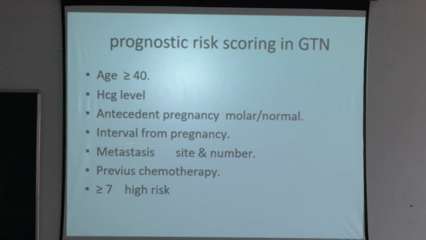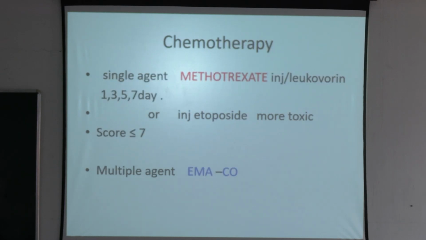Previous chemotherapy, if somebody was given chemotherapy for the beta hCG level, is a risk factor. High risk for GTN is a score of 7 or more. After scoring, if we find more than 7, that table will be there in the books. If the score is more than that, it is a high risk for GTN.